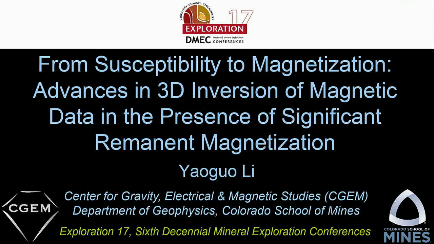Yago has had a career in looking at potential fields, DC resistivity, and IP, and has done a lot of the pioneering work in the inversion of a lot of these data sets. He's a fellow of AGU, ASCG, EAG, and he's here to talk to us about magnetics inversion.